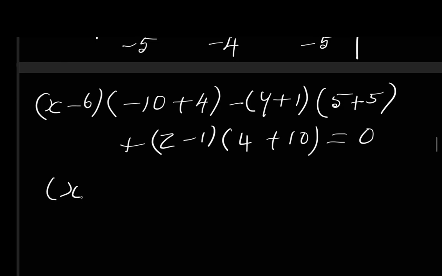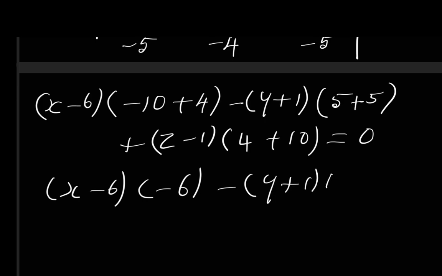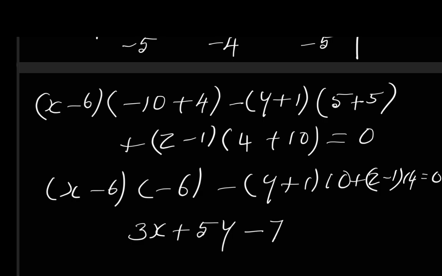So x minus 6 into minus 6, minus y plus 1 into 10, plus z minus 1 into 14 is equal to 0. So you simplify this, you will get the answer 3x plus 5y minus 7z minus 6 is equal to 0. This is the answer.